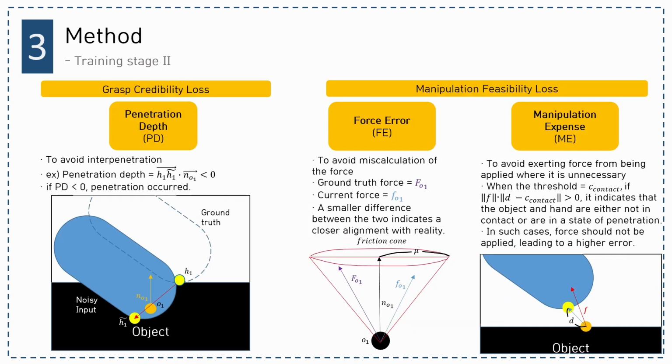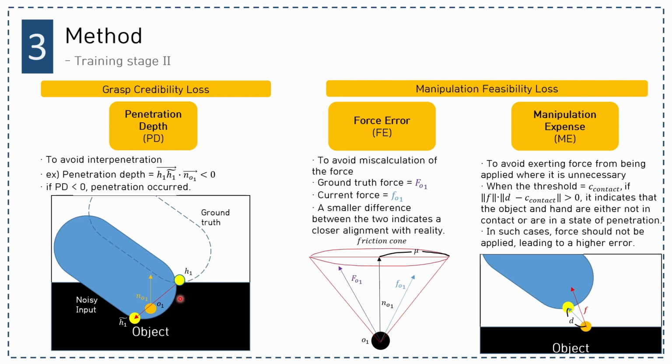In more detail, GCL introduces the concept of penetration depth to prevent penetration. For example, suppose the noisy input shows penetration into the object compared to the ground truth.